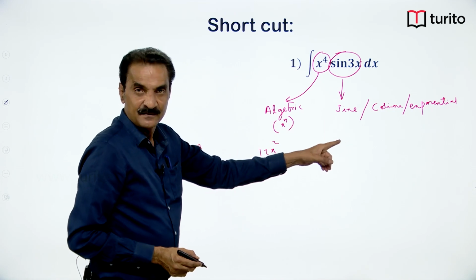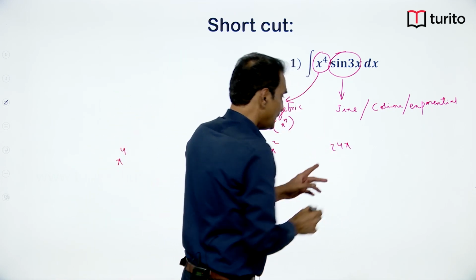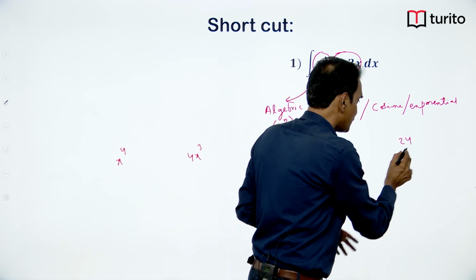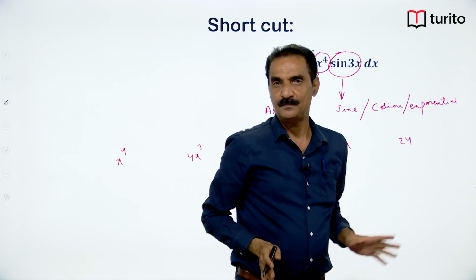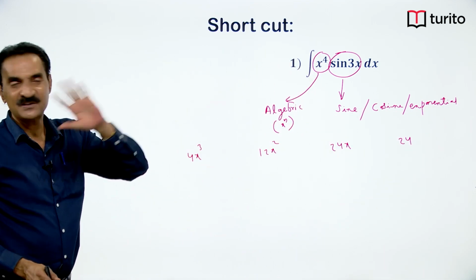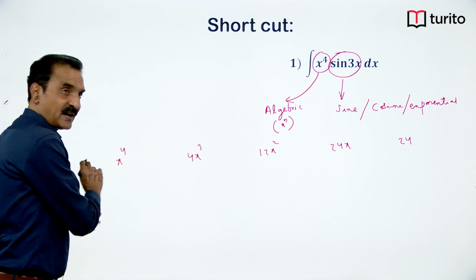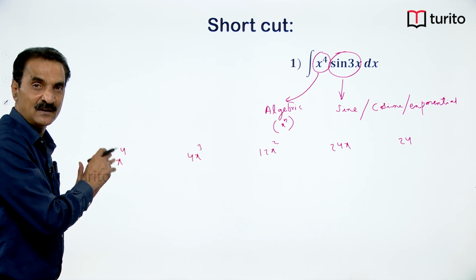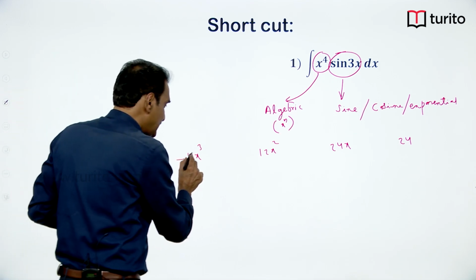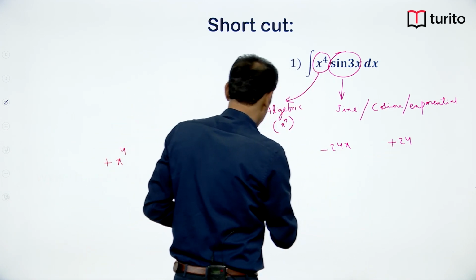Again differentiate, 24x. Again differentiate, 24. After that it will be 0. So differentiate the first function as far as possible. Now take signs alternately starting from plus. First sign plus, next minus, plus, minus, plus.